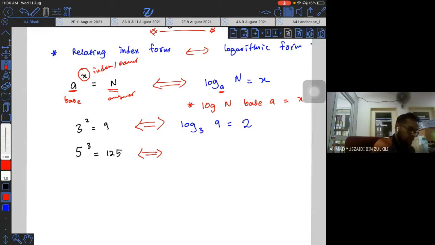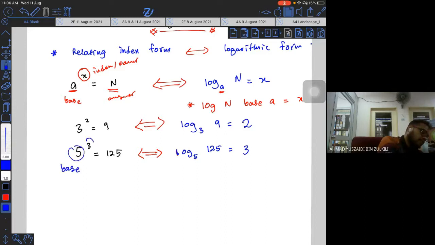Log 125 base 5 equal to 3. Okay, so simple to change it as long as you know which one is the base, index, and the answer.